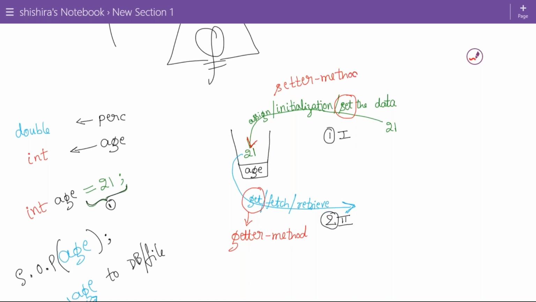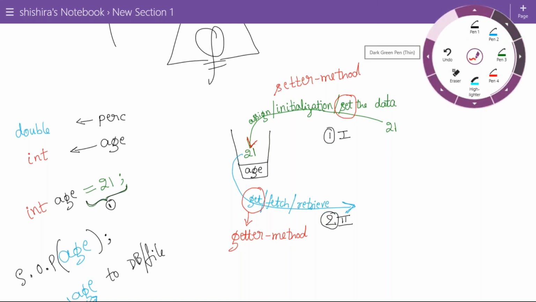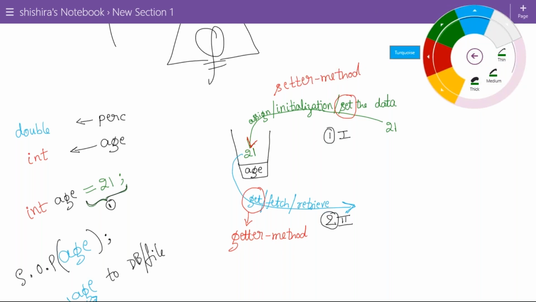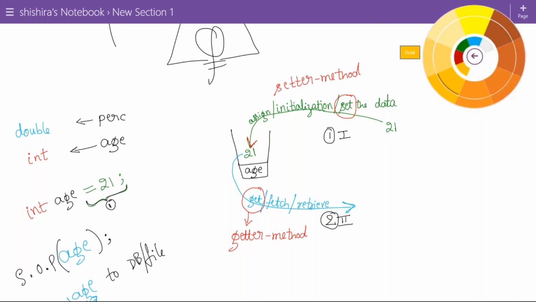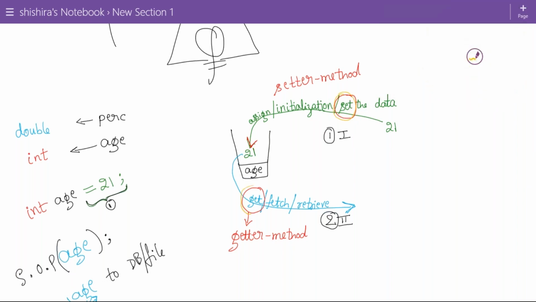So each data member must have two methods. Are you clear now? Please observe, each data member must have two methods. What are the two methods? One method is called setter method, another method is called getter method.